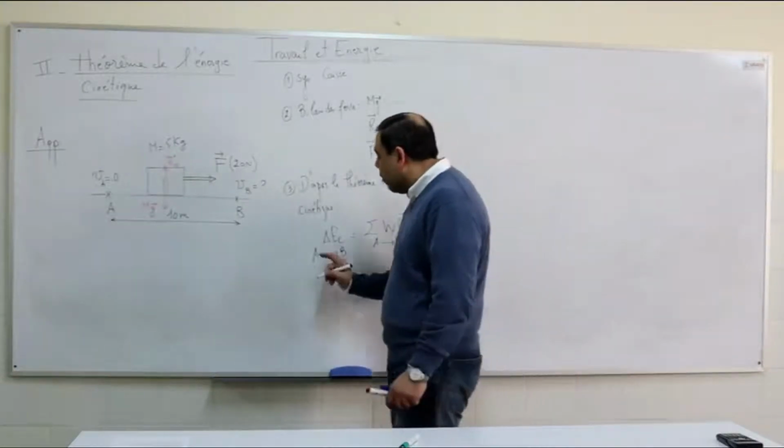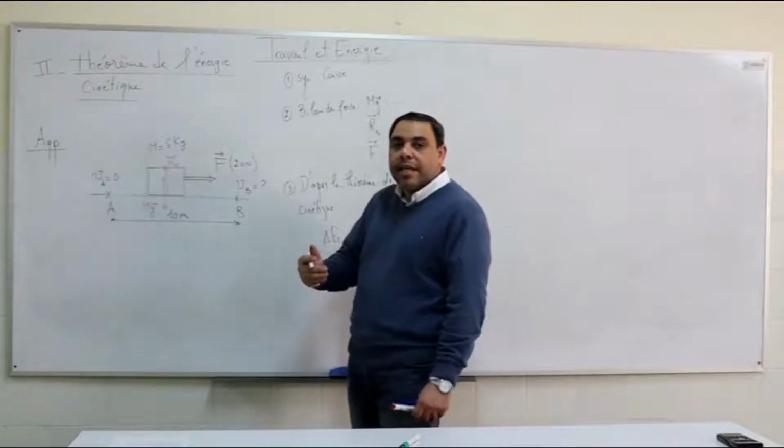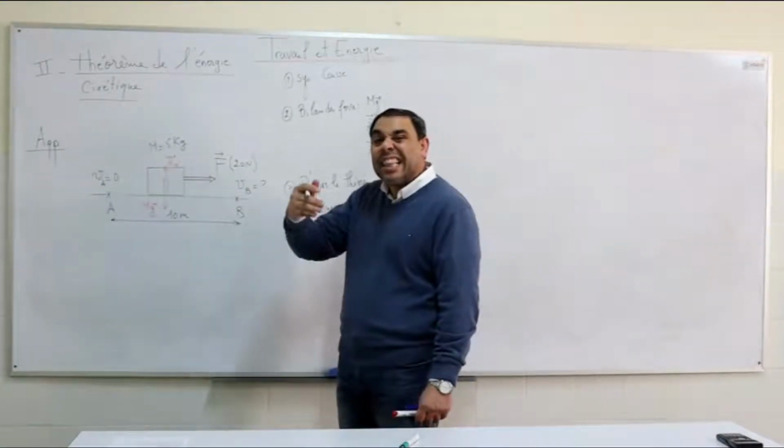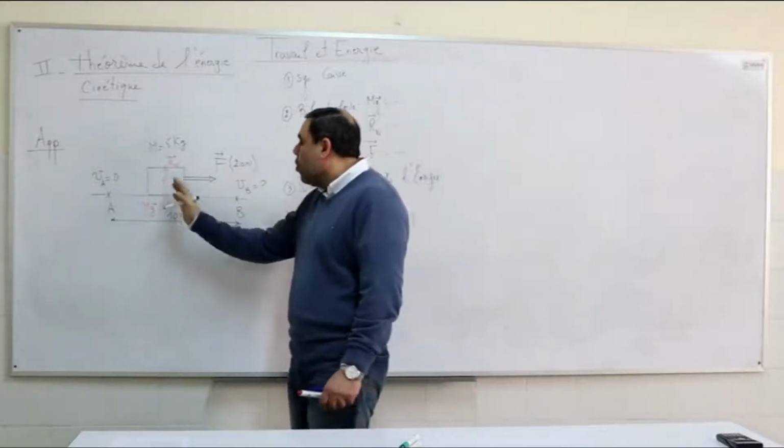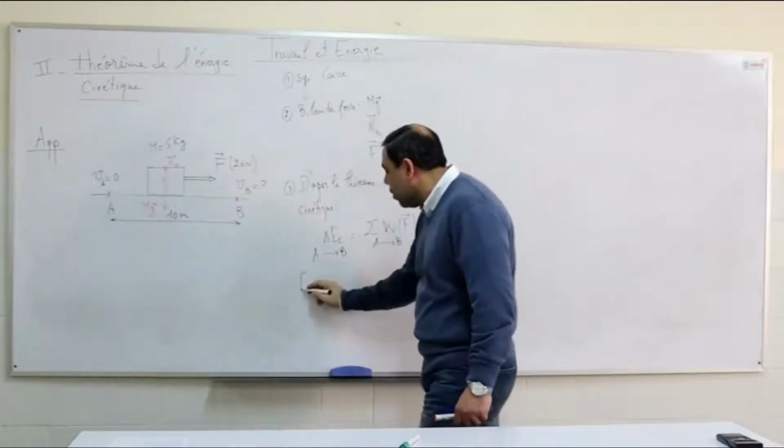So how do we find the variation in the kinetic energy between A and B? It is the difference between the kinetic energy of the final state and the kinetic energy of the initial state.